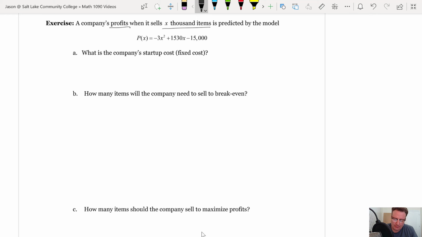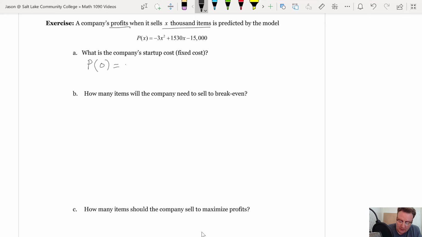So what is the company's startup cost or fixed cost? Well, this is how much it costs before you even begin producing the very first item. When you've produced 0 items, how much money have you spent already? So this is going to correspond with P of 0, the profit upon producing and selling 0 items.